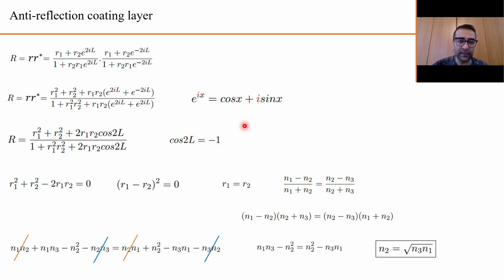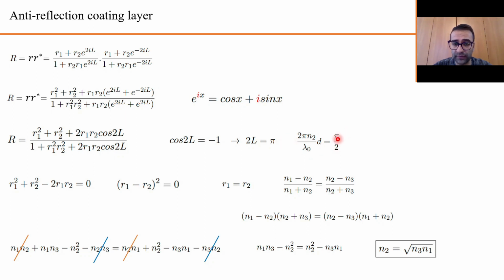But we have defined another condition, that cosine 2l is minus 1. It means that when the argument of the cosine is an odd integer multiple of pi, cosine 2l could be minus 1. Therefore 2l should be some integer number times pi, which for simplicity I define as 1. Therefore, using the definition of l, which is the phase acquired by the wave when it travels distance d in the second medium, 2 pi n2 divided by lambda naught times d should be equal to pi over 2.